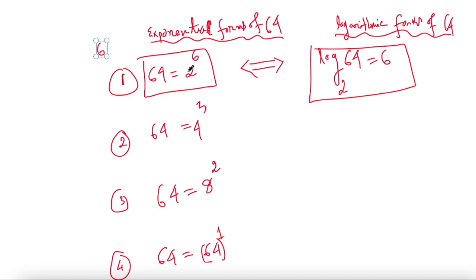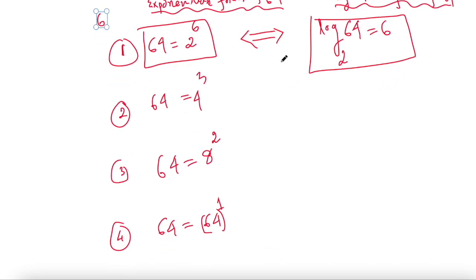So from here you can write this one, and conversely from this one you can write this one, because both are equivalent relationships. But the form is inverse form, because exponential function and logarithmic function are inversely related to each other.